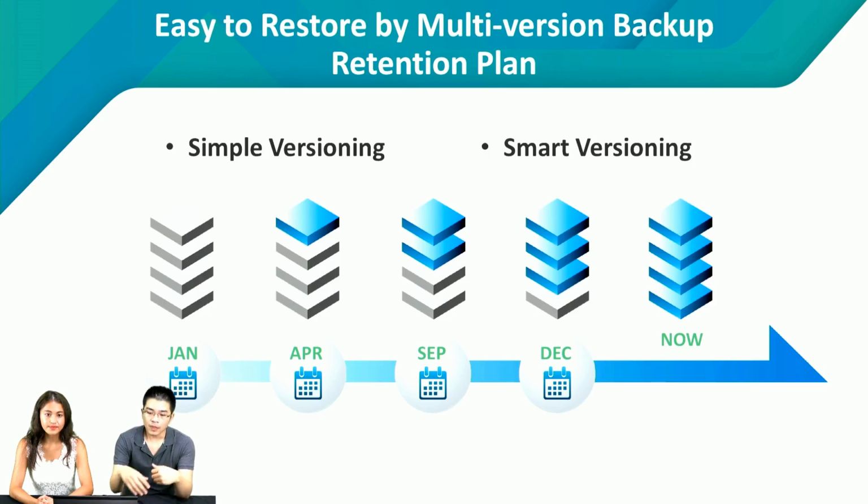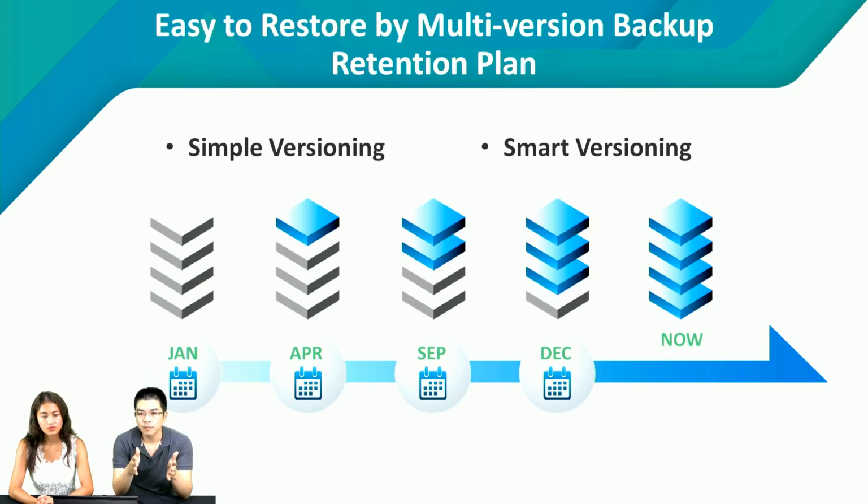So here's another topic: how can I do the backup? I can choose simple versioning or smart versioning. For simple versioning, you can choose to take one backup every day, each week, or each month, and until your storage capacity is full, it won't stop.